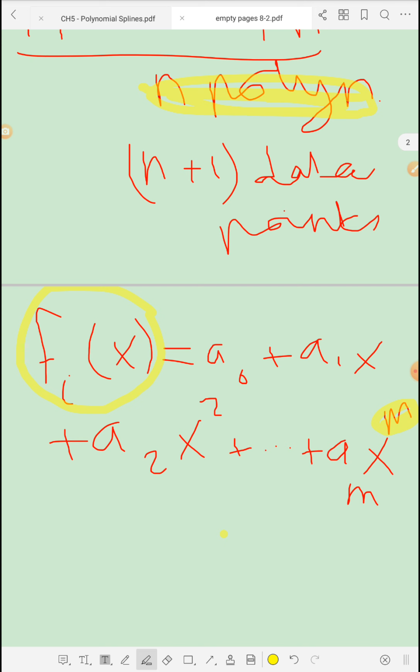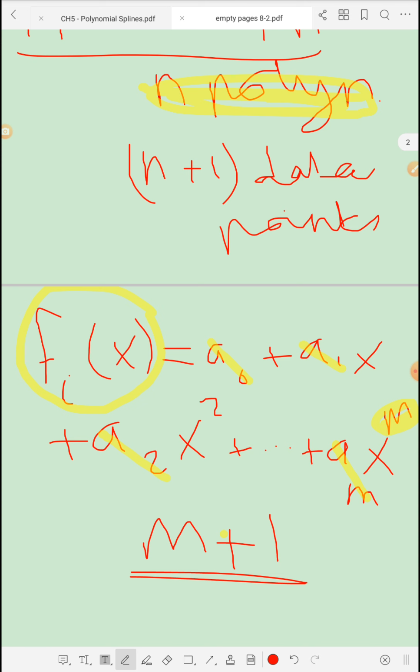And all of you know that for an mth order polynomial, the unknown coefficients a0, a1, a2 till am will be m plus 1 unknowns or coefficients.